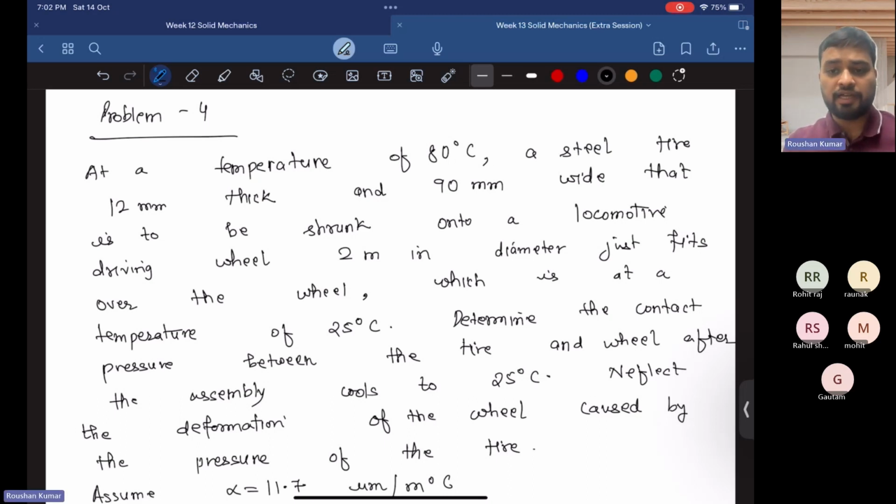Determine the contact pressure between the tire and wheel after the assembly cools to 25 degrees Celsius.